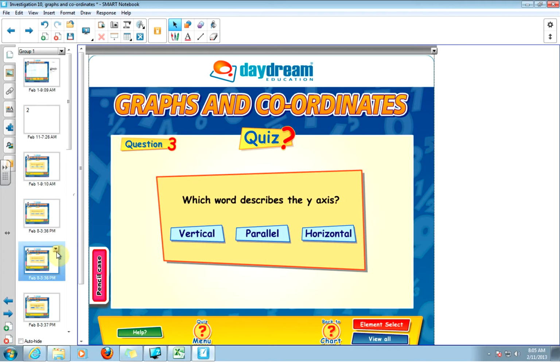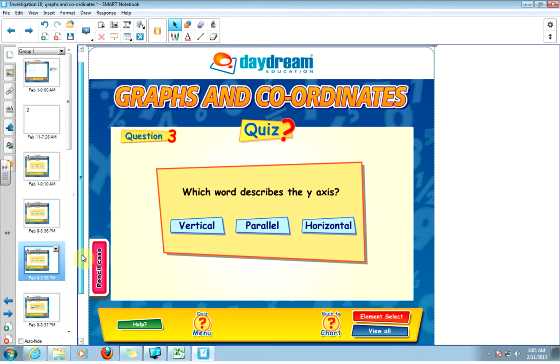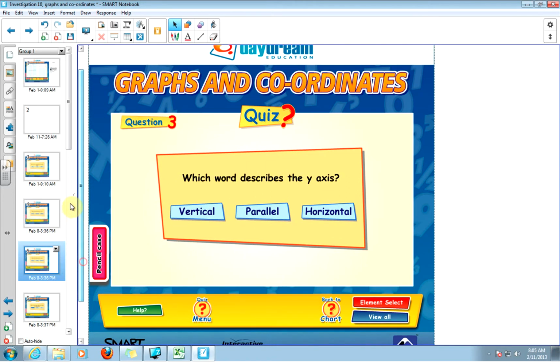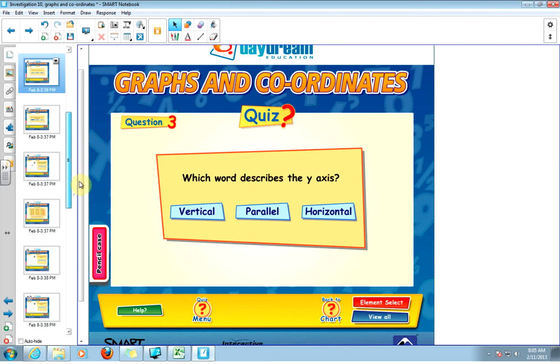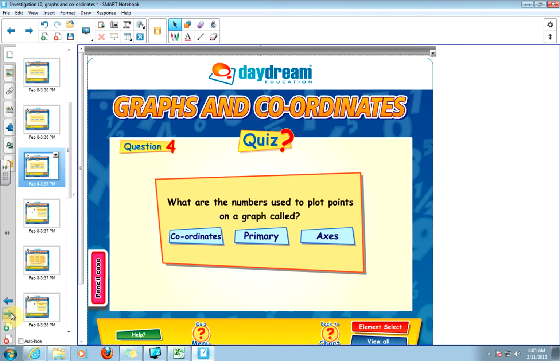Number 3. Which word describes the y-axis? Vertical, parallel, or horizontal? Question 4. What are the numbers used to plot points on a graph called?